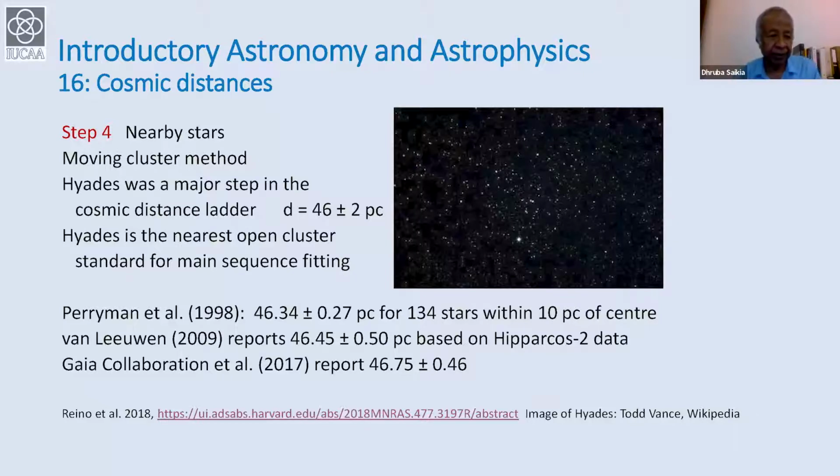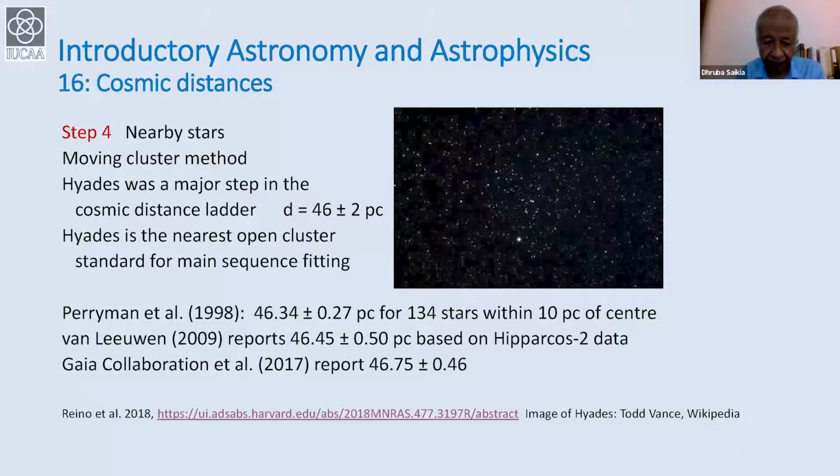It was important to get the distance to the Hyades cluster as accurately as possible. So these are some of the more recent measurements, which I put over here. This is work by Perryman et al. in 1998, which determined about 46.34 parsecs. This is from the Hipparcos data, van Leeuwen 46.45, and the Gaia calibration, which you mentioned, 2017, 46.75.